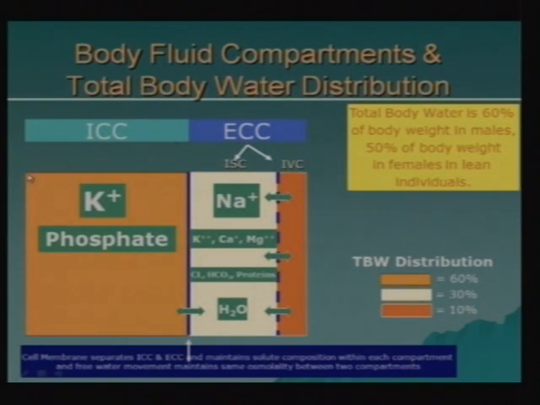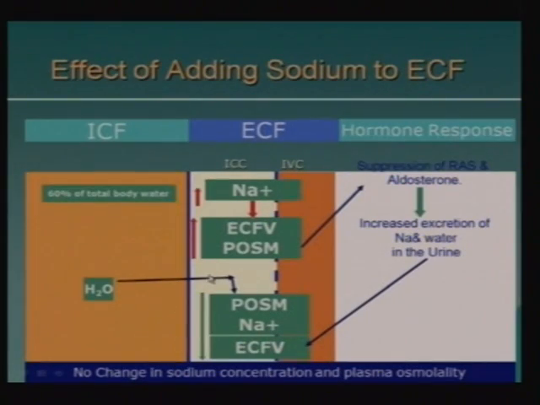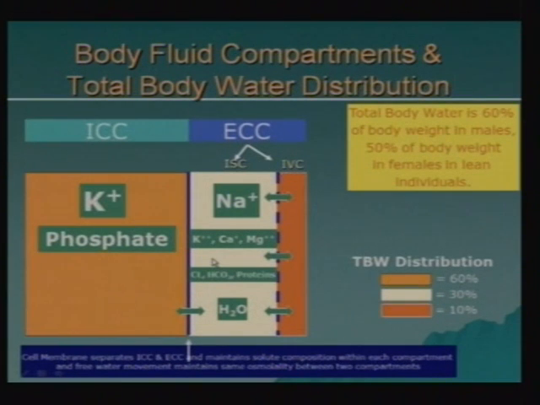In the body it is very important that the size of the cell is maintained to maintain the integrity of this compartment. If this cell swells, then there is cellular edema. If it shrinks, then there is cellular shrinkage, and that is why it is very important to understand this. Out of total body water distribution, 60% water is in the intracellular compartment and 40% is in the extracellular compartment.